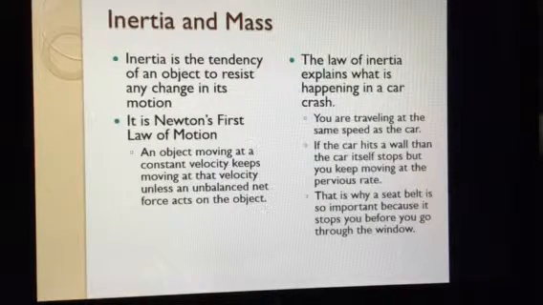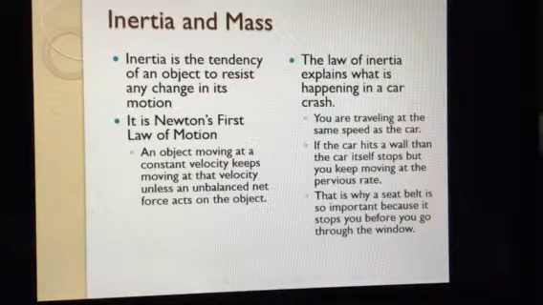Now, Newton's first law says that an object is going to move in the direction it was moving unless acted on by an outside force, which actually is unbalanced. A great example of this would be when you're in a car.